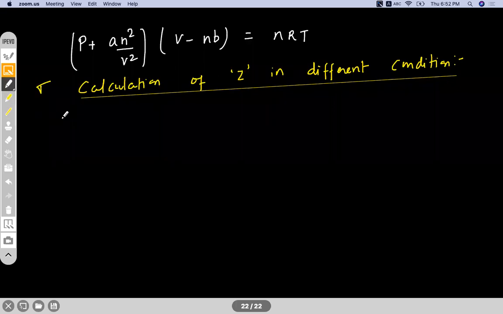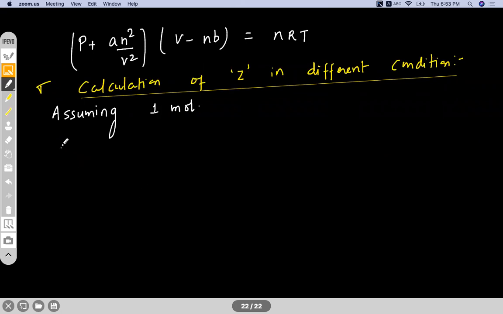For all these things, we are assuming 1 mole, so n value is 1 here. Okay, so the first condition is at low pressure and moderate temperature.